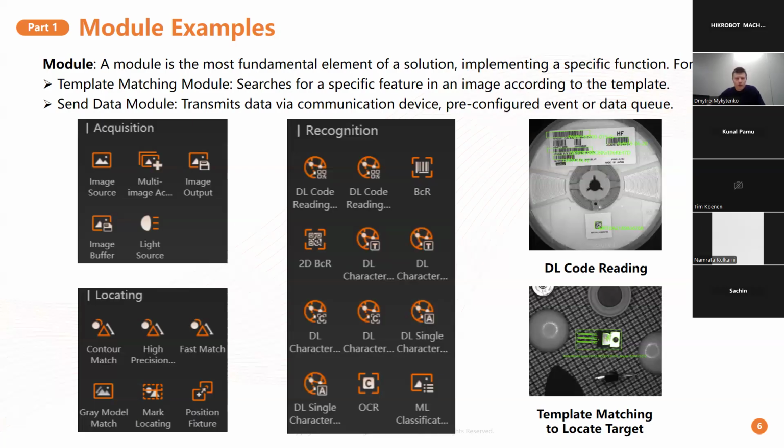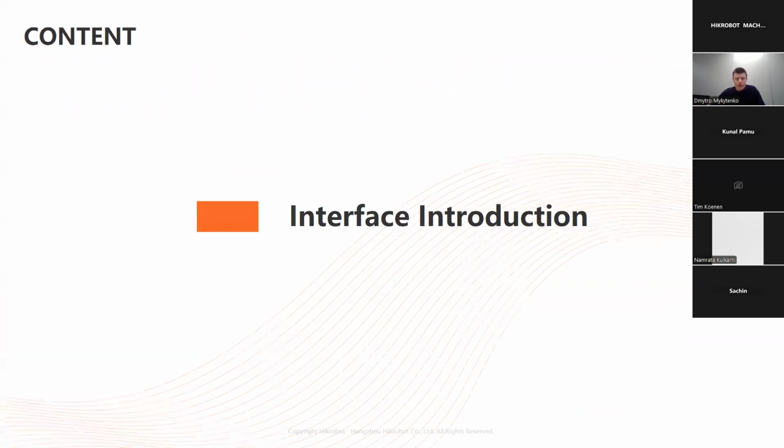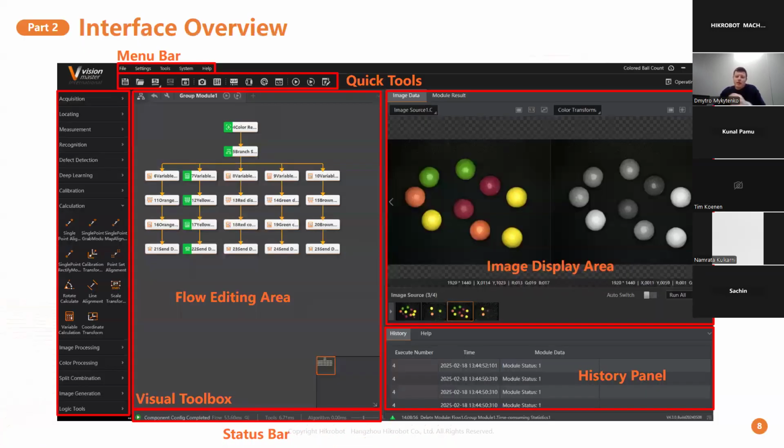Okay, so let's continue. Now it's time to take a closer look at the VisionMaster interface and review its main functional areas. The VisionMaster interface is organized into several key areas.